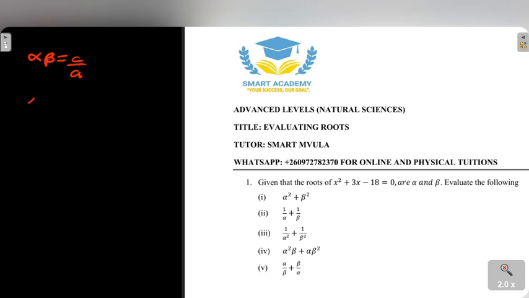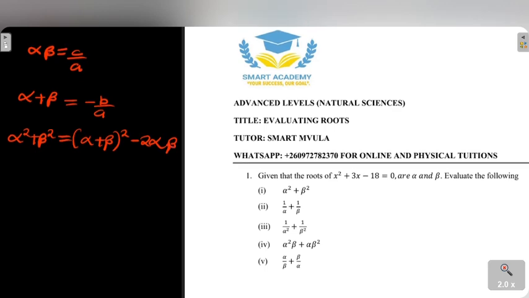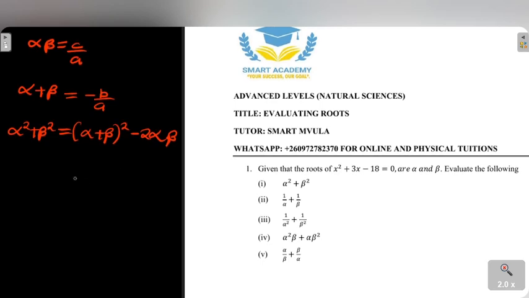Then the second property is alpha plus beta is negative b over a. Then the other property is alpha squared plus beta squared, which is equal to alpha plus beta squared minus 2 alpha beta. So these are the three properties that we will be using in this question.